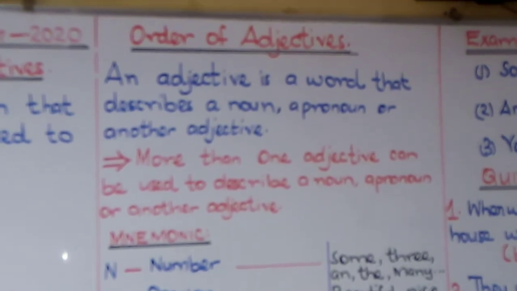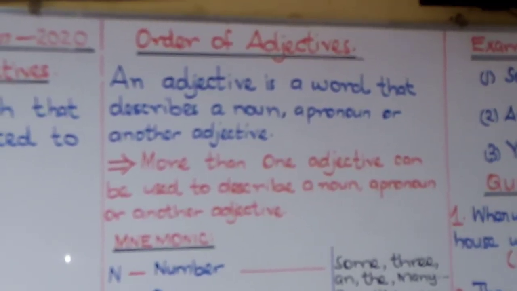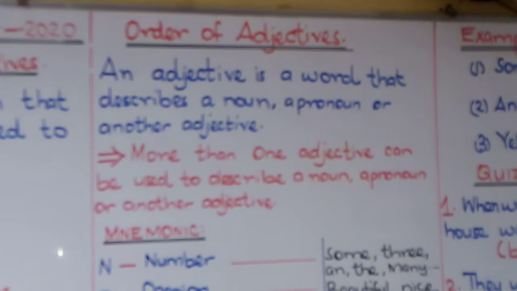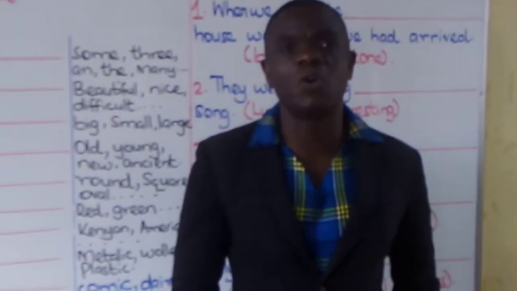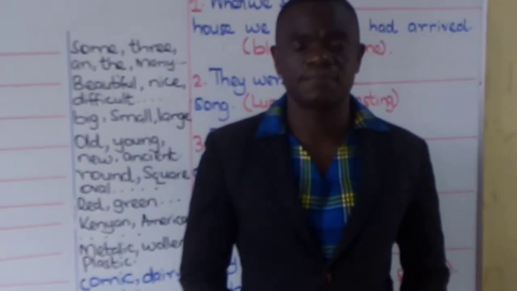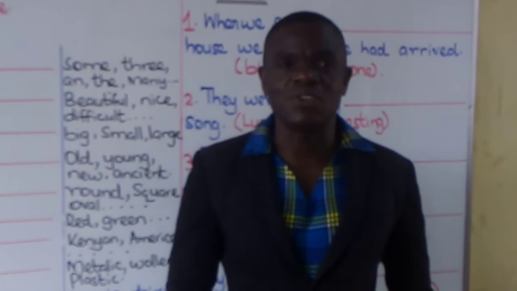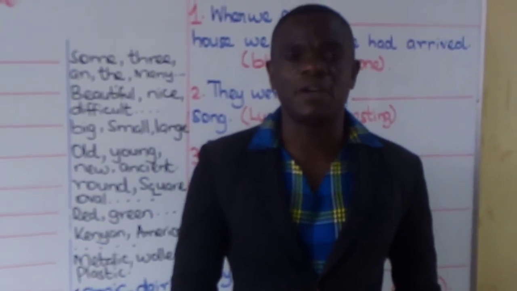Do we understand that? I know in class 5 or 4 you were taught that an adjective is a word that comes before a noun.